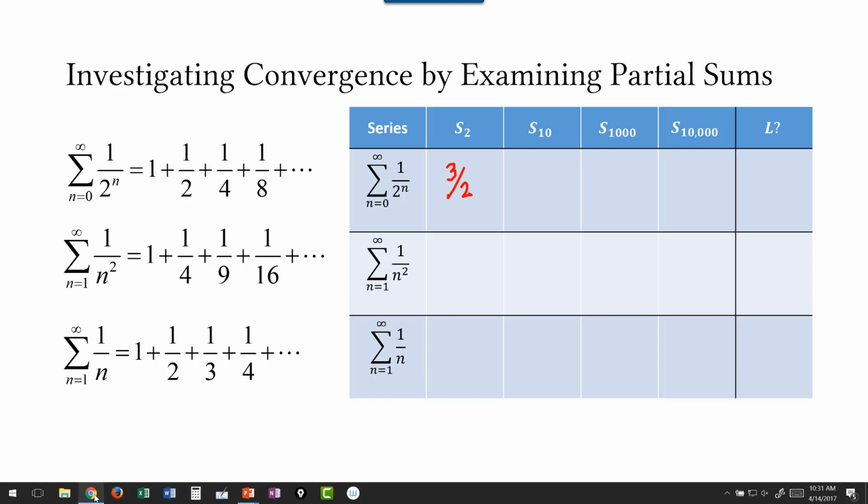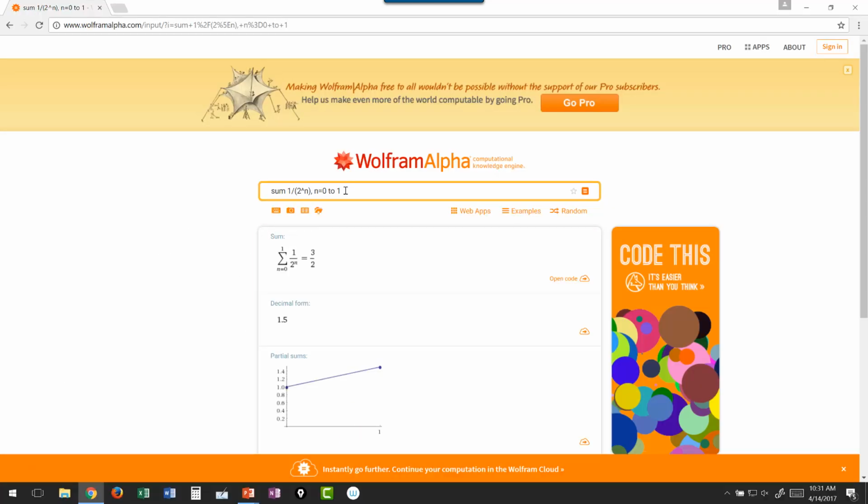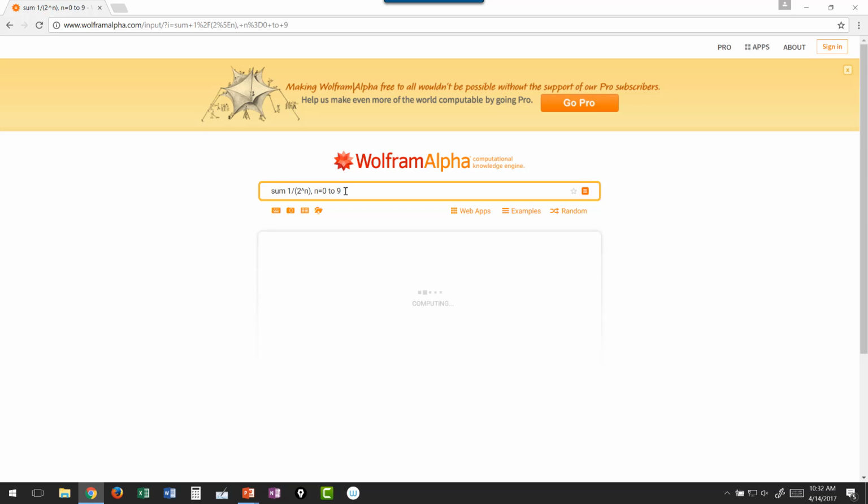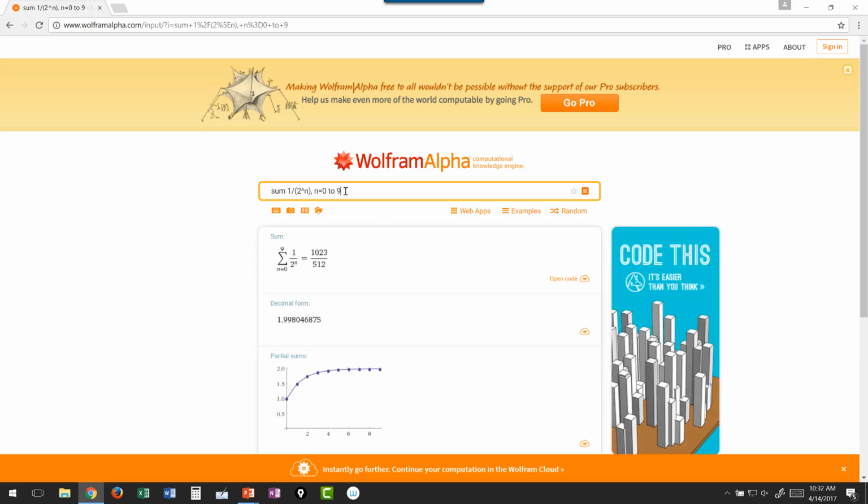All right, back to Wolfram. I'm going to take the first 10 terms, that would be from n equals 0 to 9. I get 1023 over 512, or in decimal form, we see that we get 1.998 or so.